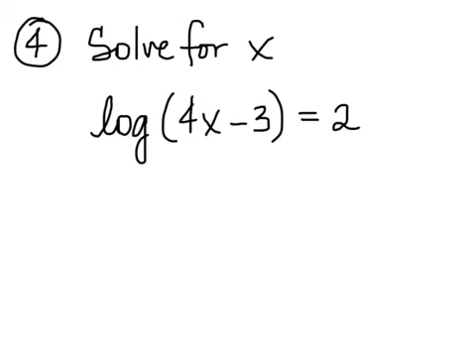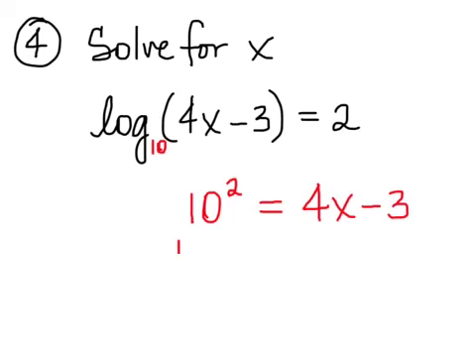If you need to solve a problem that already has log on one side, probably the easiest way to do that would be to write in what the base is if it wasn't there already. And so this one had a base of 10. Use your definition of log to rewrite it as 10 to the second equals 4x minus 3.